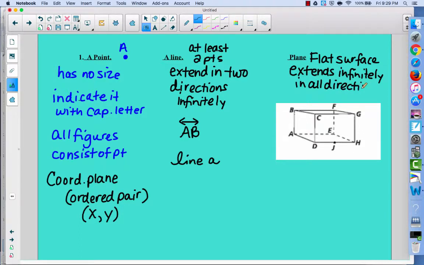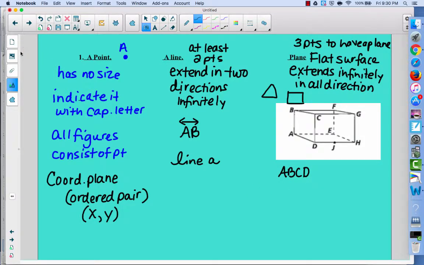Usually when we are drawing planes, we draw a triangular shape or a rectangle or a parallelogram to represent a plane. You need at least 3 points to make a plane. In the diagram below, a plane could be A, B, C, D. Since it's a rectangle, I'm going to use 4 points. If it was a triangular figure, I could use 3 points. But again, they're all going to be capital letters.